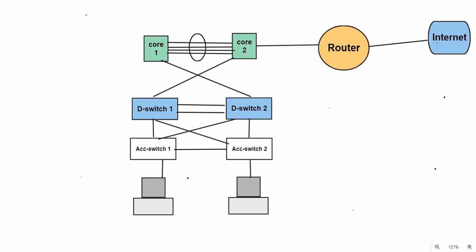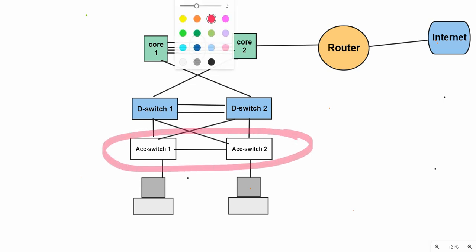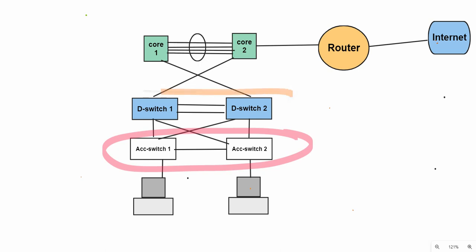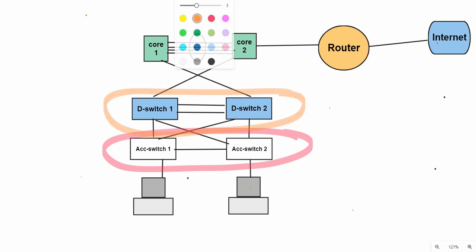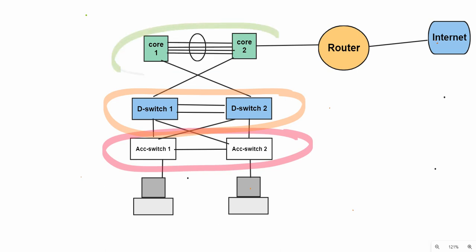As you can see here, we have what is called a three-layer architecture. For example, we have the access layer, then we have the distribution layer, and lastly, we have the core layer.